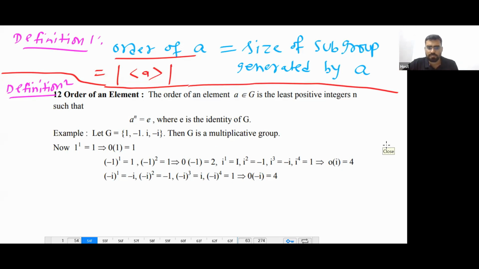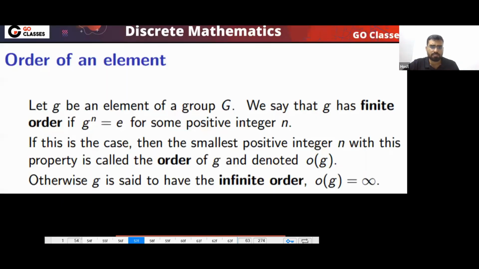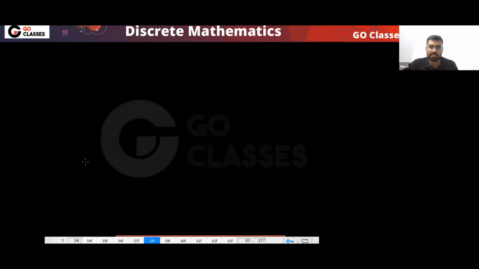Okay, let's move on. Order of an element is the smallest positive integer such that you will get the identity. But sometimes, if you have an infinite group, consider for example the group of integers under addition.